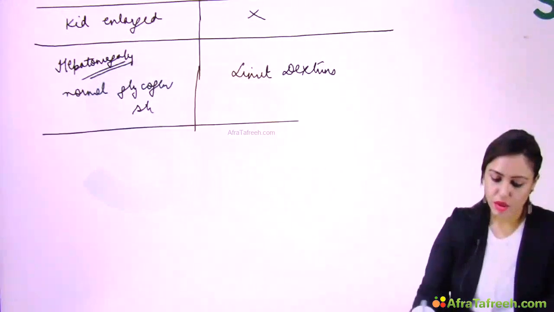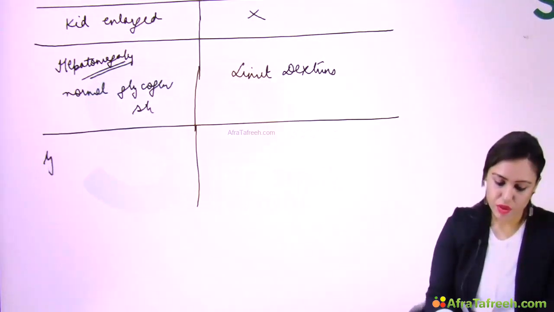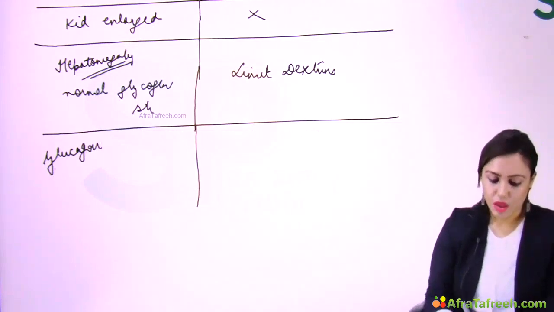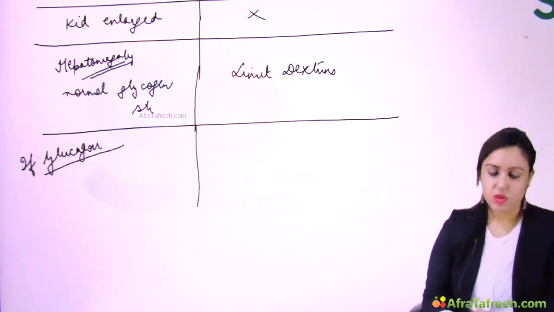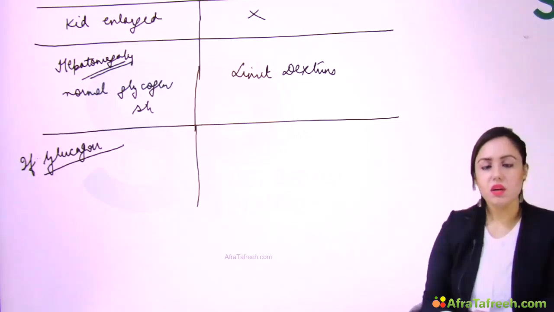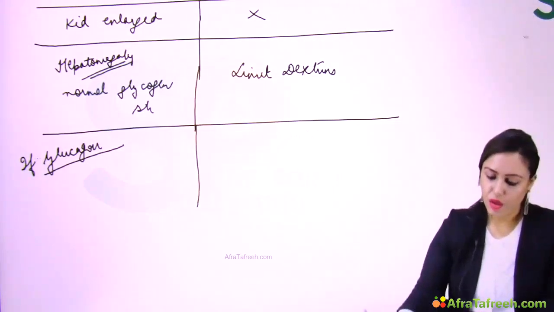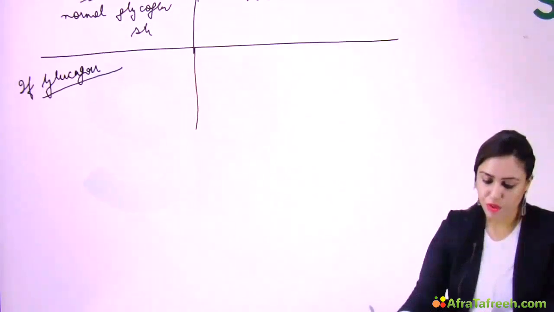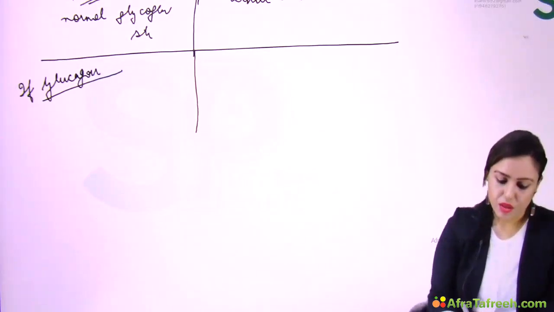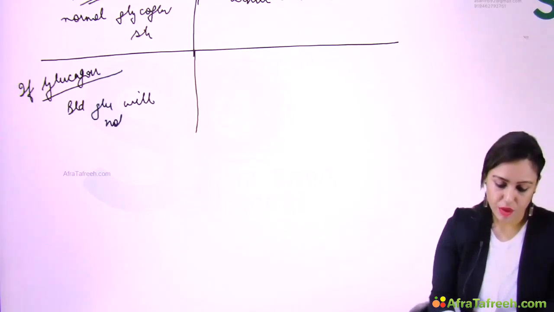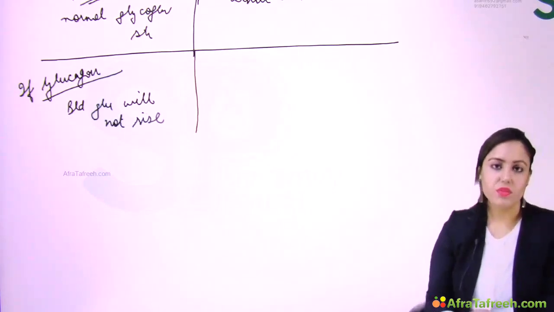Then if glucagon is given to these patients, both patients have hypoglycemia, right? Glucagon is hormone which increases blood glucose, right? Now, if glucagon is given in patients of type 1, then blood glucose will not rise.